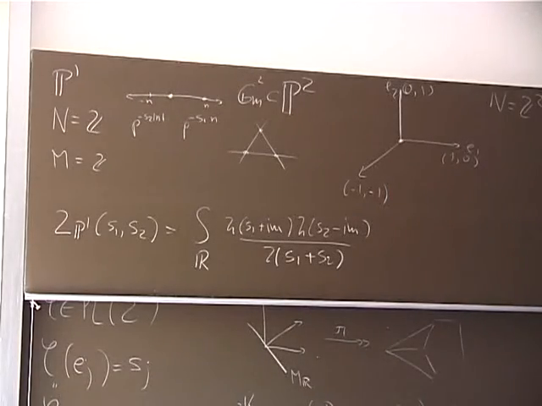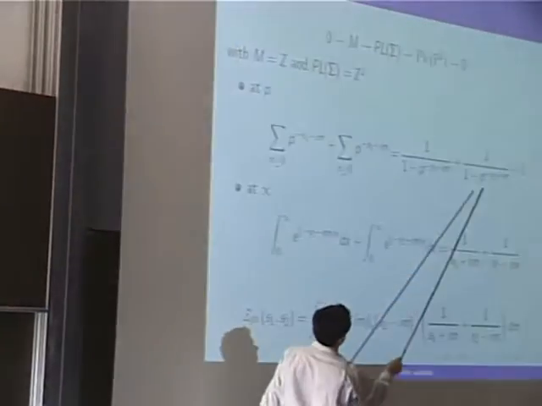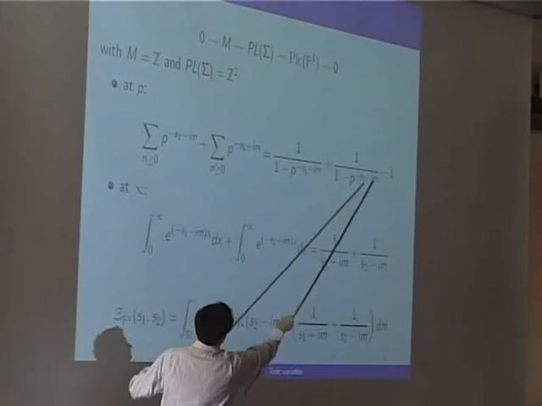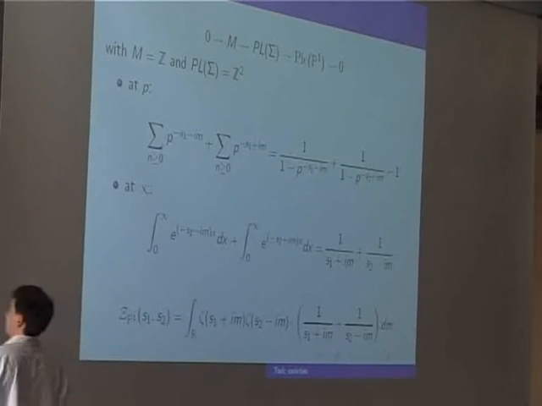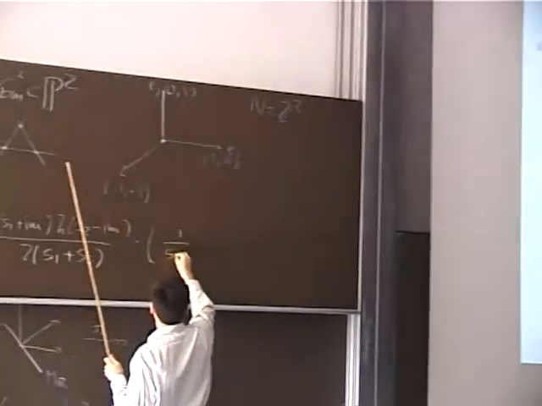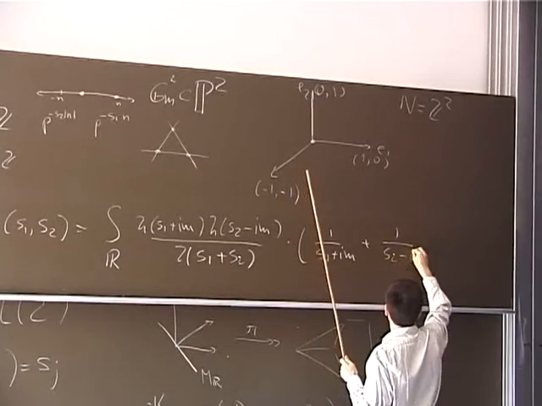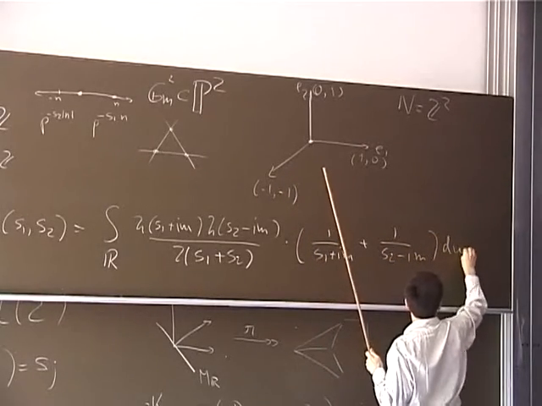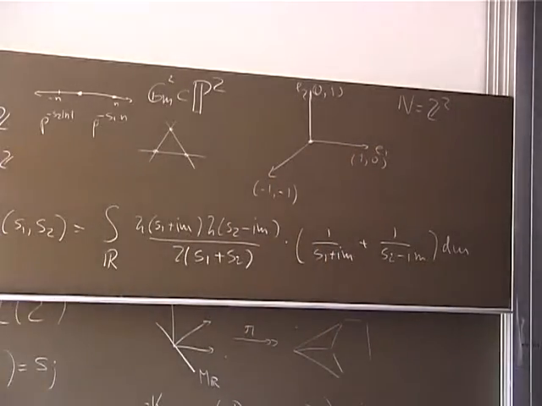All I did is I put together these expressions, and so these are the zeta factors and denominators here, and there are some translations happening here, and the contribution from infinity is S1 plus im plus 1 over S2 minus im dm. So this is a very complicated way of counting points on P1. I mean, P1 after all.